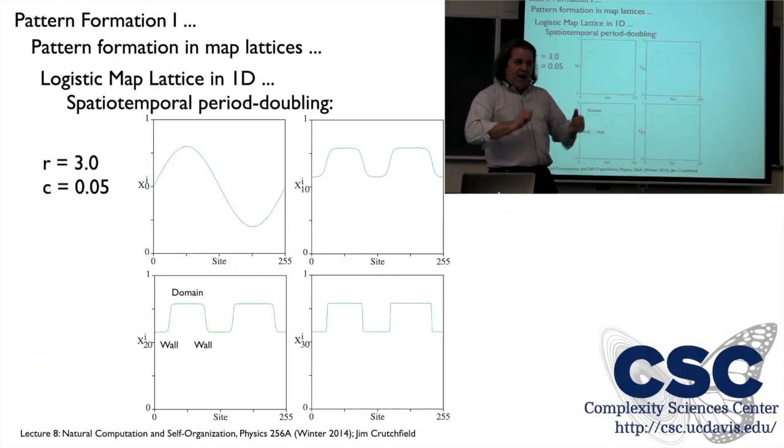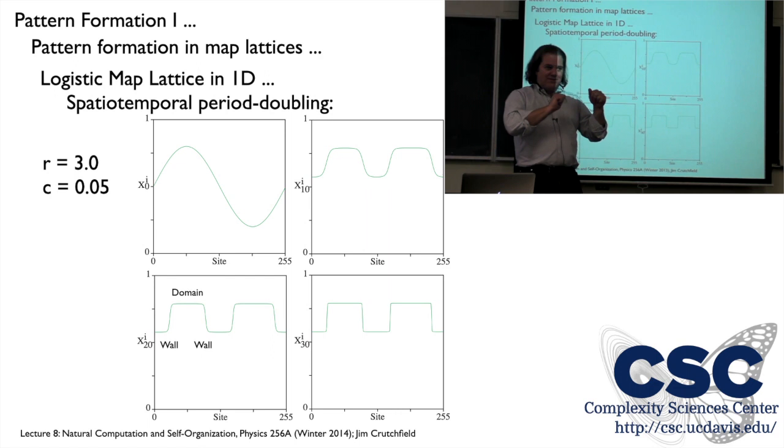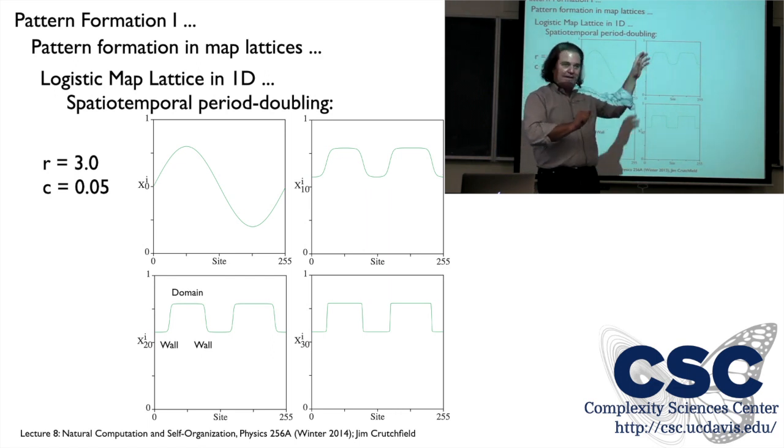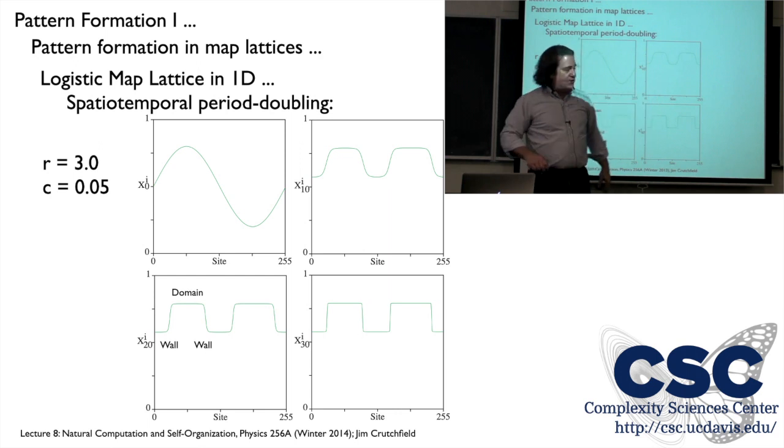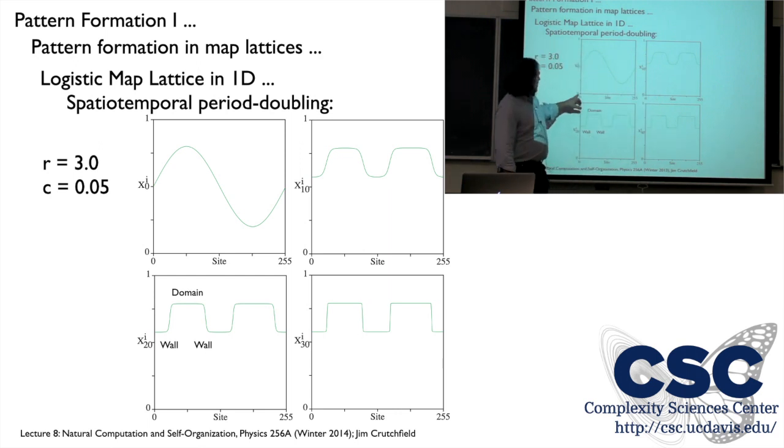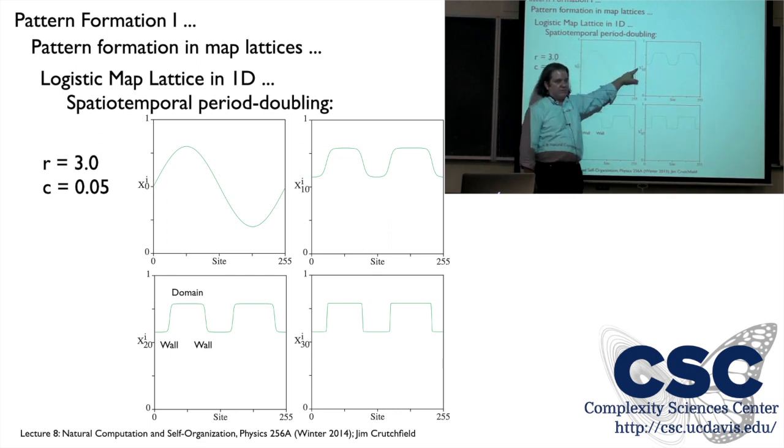Okay, let's shift back. Let's see if we can take that n equals 2 case and help us understand a little bit what's going on for a spatial lattice. Here it's a logistic lattice over 256 sites, periodic boundary conditions, just like for the cellular automaton. And what I'm going to do here is, over space, just start with a sine wave initial condition.